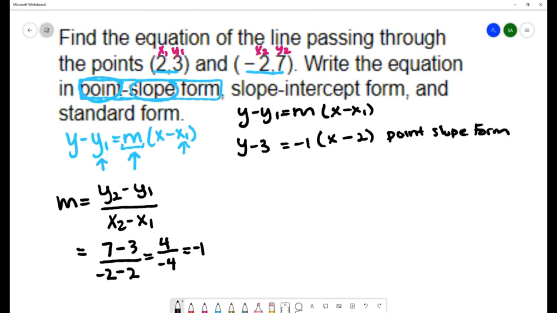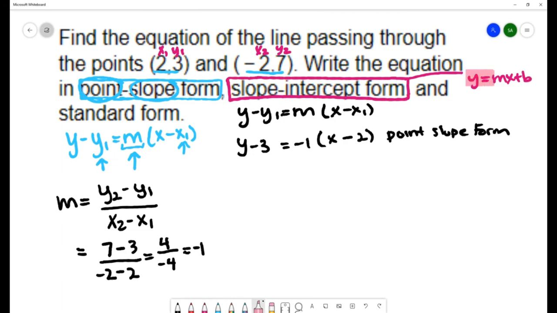The next form that I'm going to find is slope-intercept form, which is y equals mx plus b. In order to write this in slope-intercept form, I need to have the y by itself on one side of the equation.